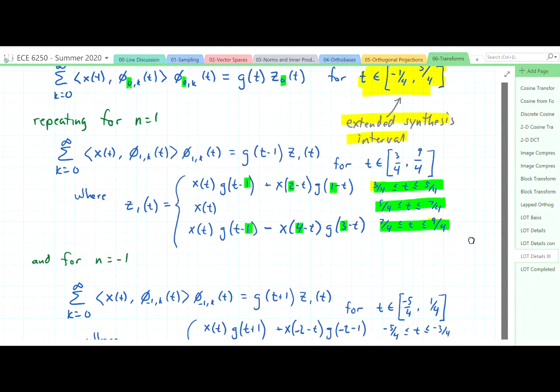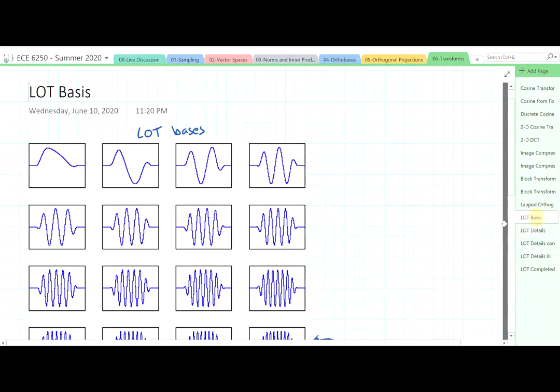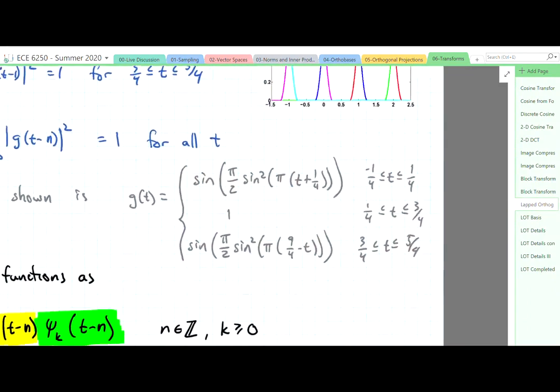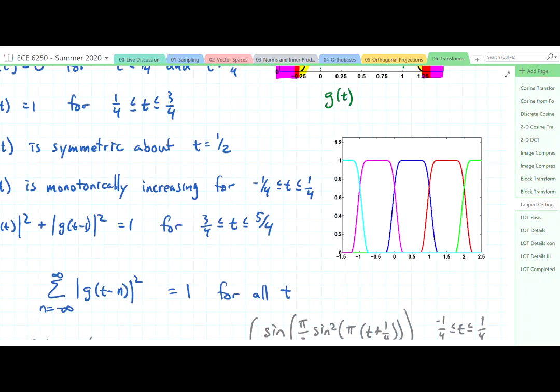So what exactly is going on when we do all of this? Well, if we go back to looking at the basic picture of our overlapping windows, what we're finding is we've defined these in a very careful way so that we have an ortho basis such that one window ramps down where the other window is ramping up, and we still maintain orthogonality in this nice ortho basis.